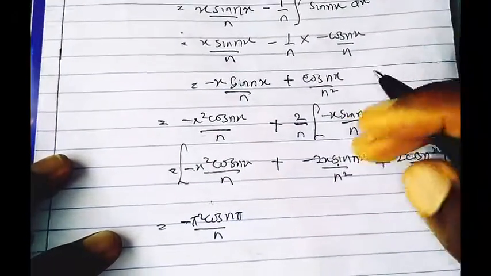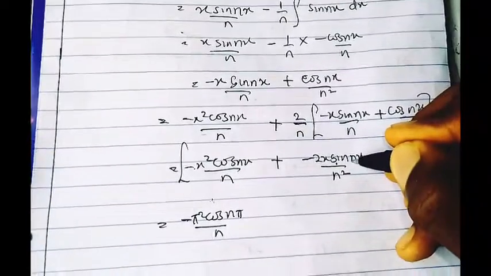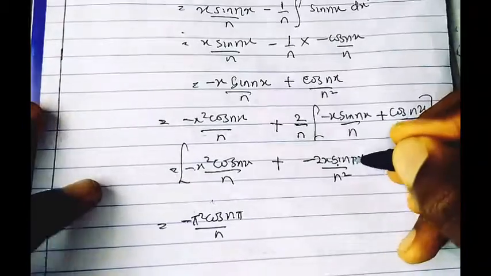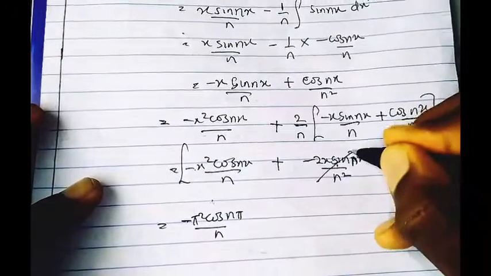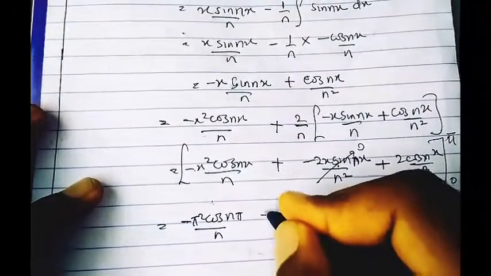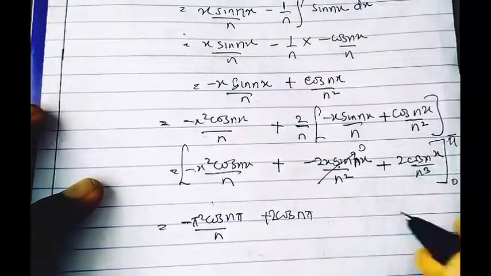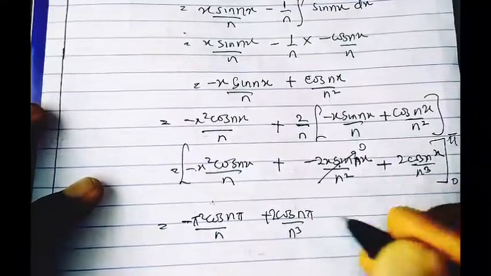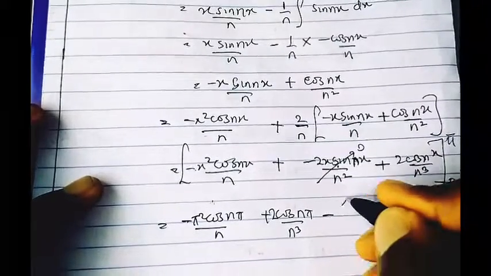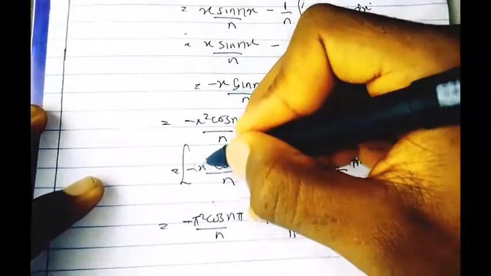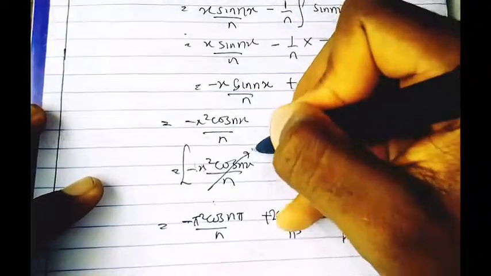Putting pi here, since this is a sine function, the sine of n pi, irrespective of the value of n, is going to be 0, so I'm left with plus 2 cos n pi over n raised to power 3, right? So minus, substituting when x is equal to 0, if I put x equal to 0 here, this becomes 0, so all this becomes 0.